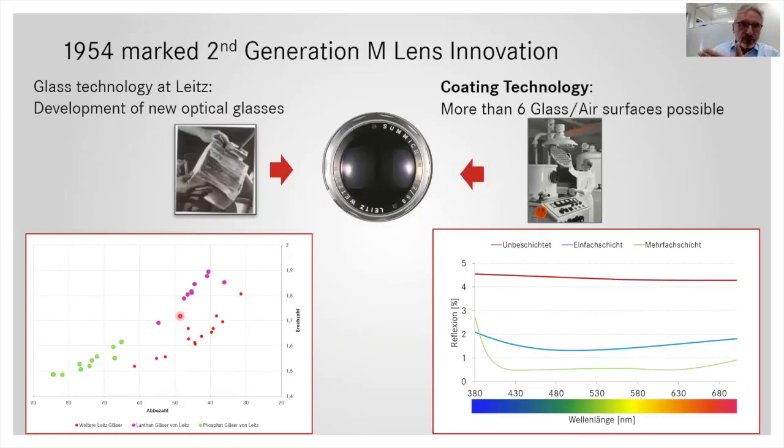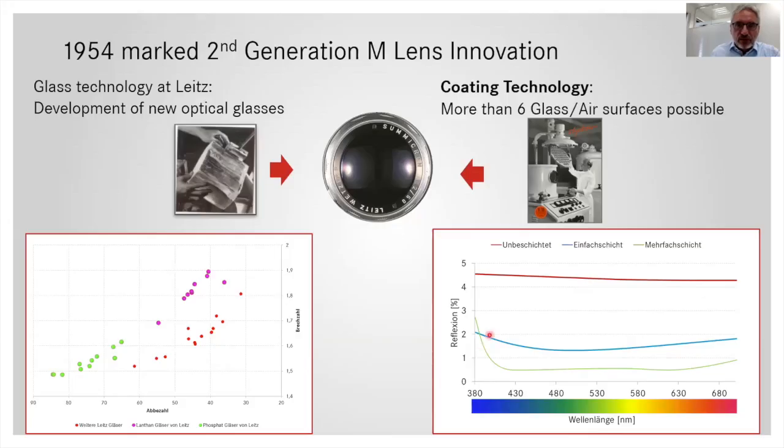Leitz had installed its own laboratory to create new glass materials, and I say we had the chance to create here low dispersion glasses, and high refractive glasses here, and here glasses to improve the performance in terms of color correction on the flint side with larger dispersion, but very necessary to correct best color performance or apochromatic correction.